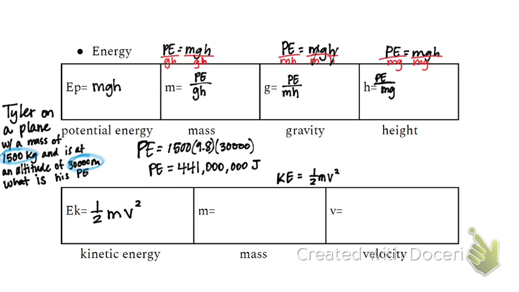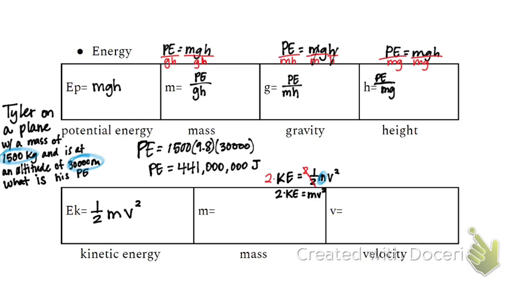If I want to get this mass by itself, what has to happen? I have to multiply by what number? The 2, because it's on the bottom of a fraction. So this has an extra step. I have 2 times my kinetic energy equals mass times velocity squared. So what do I need to do to get mass alone?